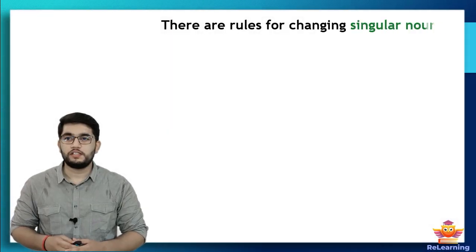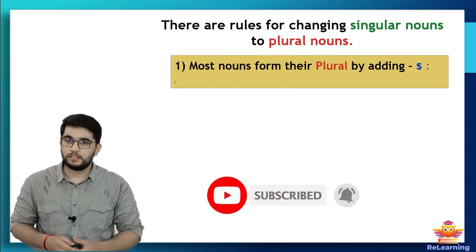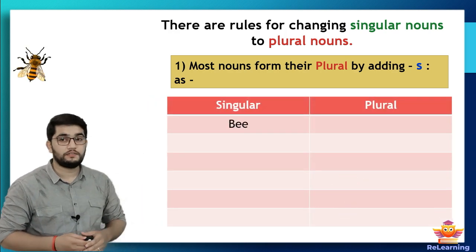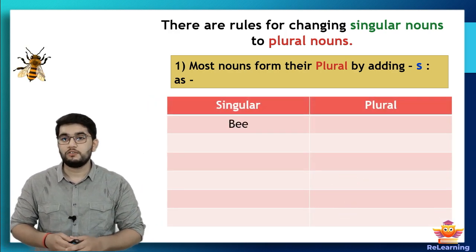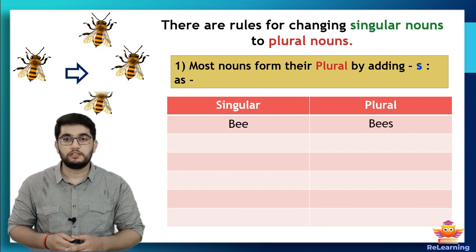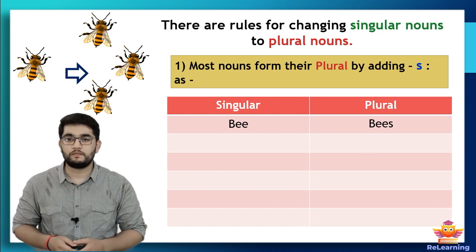There are rules for changing singular nouns to plural nouns. Most nouns form their plural by adding s, as the examples are given in this chart. The first is bee. Now, if you add s to bee, it becomes bees. So, singular noun is bee while the plural is bees.